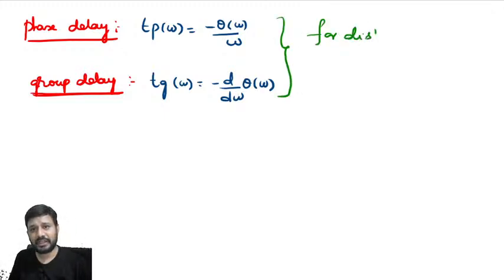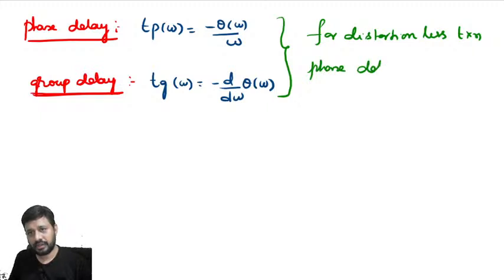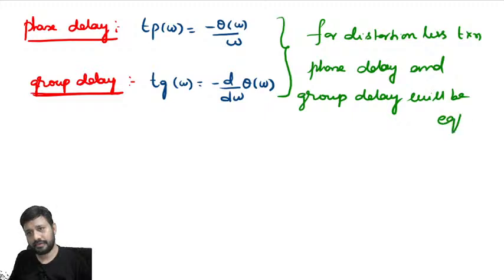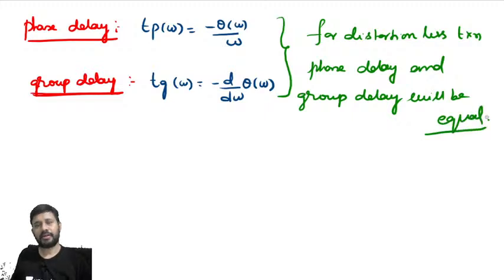For distortionless transmission, phase delay and group delay will be equal. For distortionless transmission, phase delay and group delay must be equal.